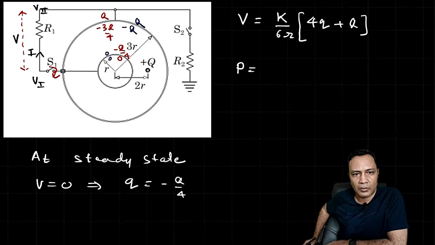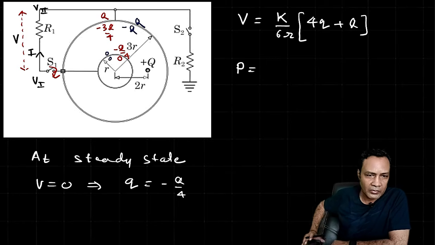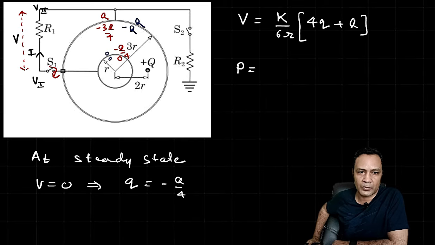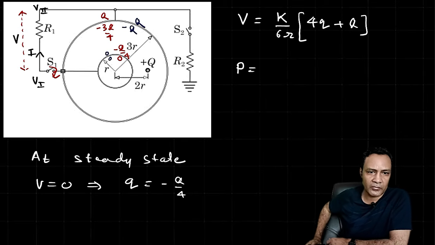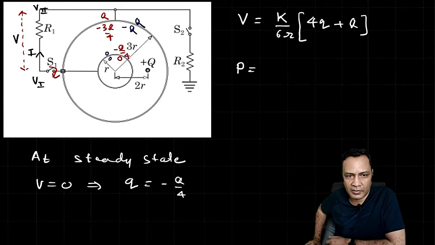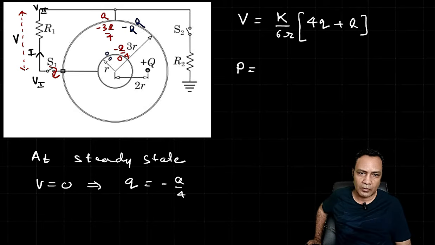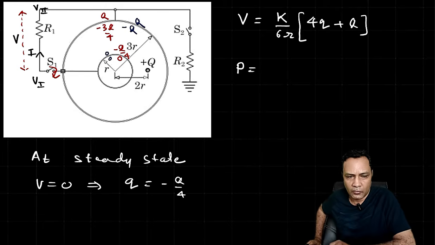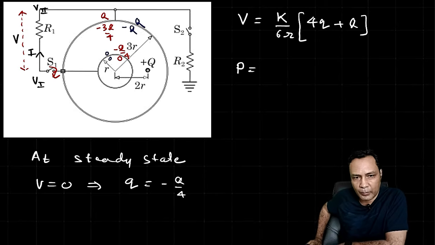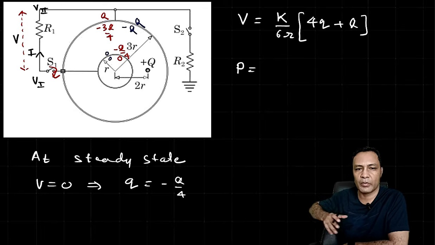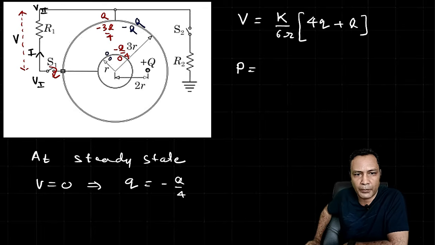R1 has only a role in increasing the rate of heat dissipation or slowing it. Sorry, if R1 is more, there will be a gradual heat dissipation. If R1 is less, it will be faster. So it will basically impede the heat dissipation. For total heat dissipation, there is no role of R1.